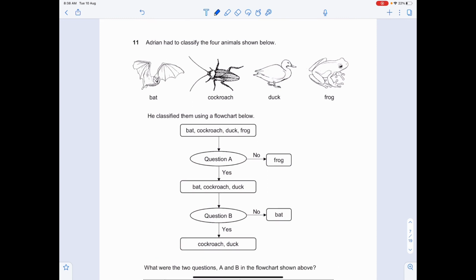Now, you have to classify the 4 animals. So you take a look at these 4 categories, and to answer this kind of question, you really do need to know the characteristics of each category of animals. For example, the bat is a mammal. So you will need to know that it gives birth to its young alive and feeds its young milk.